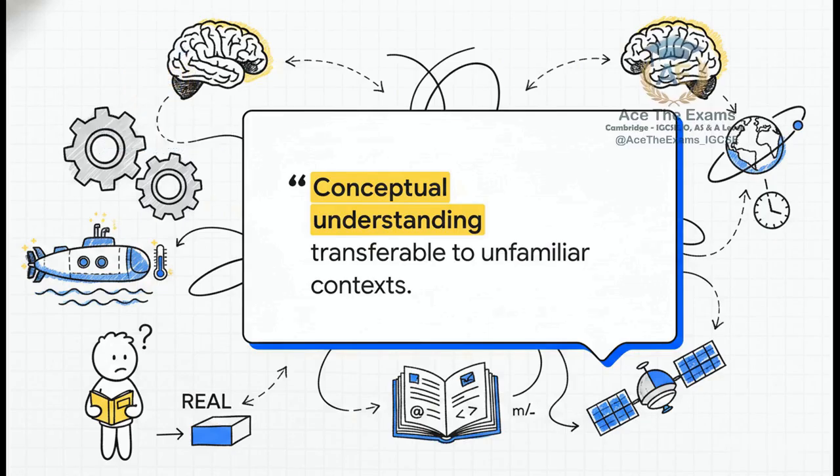But the examiners aren't just testing your memory. They are rigorously testing your assessment objectives, specifically your cognitive domains of application and analysis. When you turn the page and are presented with a completely bizarre, totally unfamiliar scenario, maybe it's an automated system managing the temperature fluctuations of a deep-sea submarine, or a massive database tracking the exact millisecond a low-orbit satellite crosses a specific coordinate, you have to seamlessly transfer your conceptual understanding of data types to that exact, highly specific scenario.